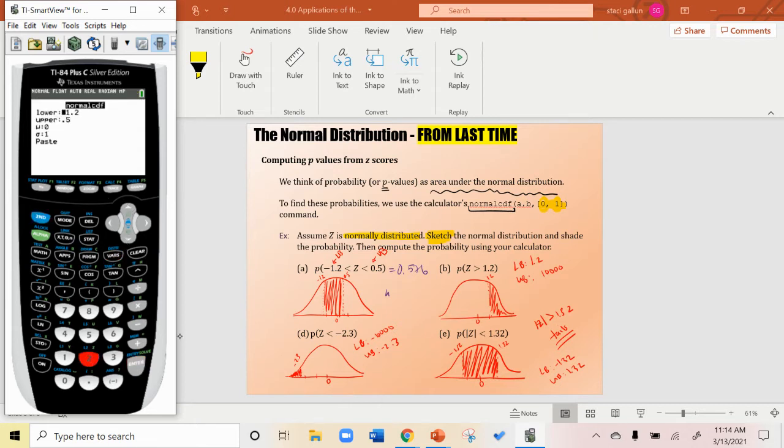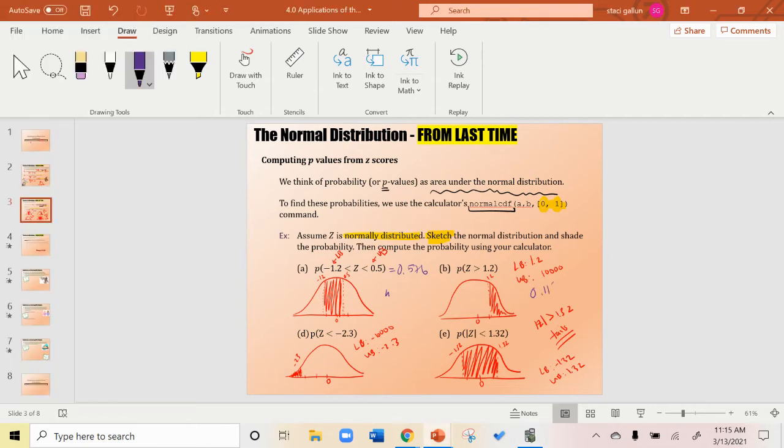Go down to 2, 1.2, and then something extreme. 0. And this makes sense, right? Think about it. After you get it, okay, does it make sense for what I shaded? Yeah, right? 0.115. So like almost 12%, right?